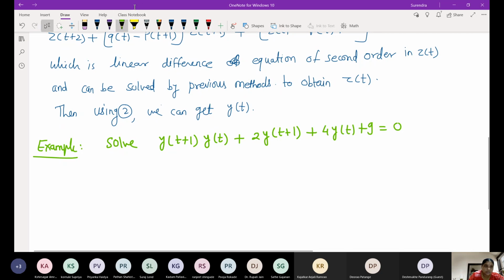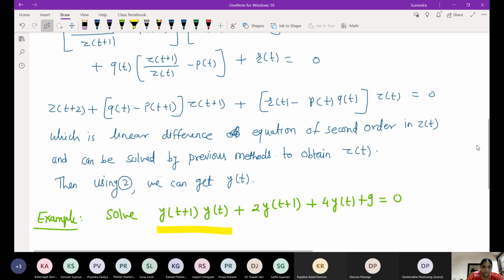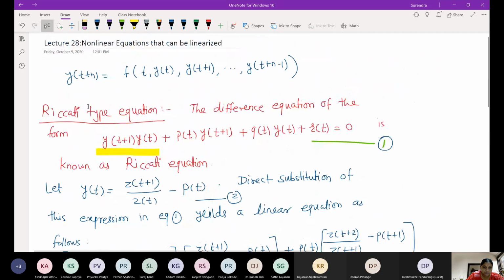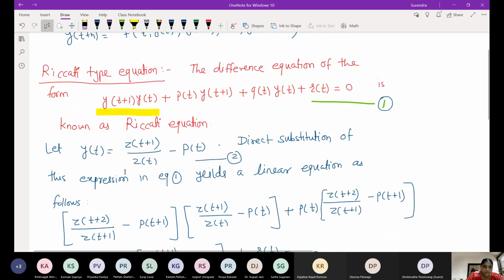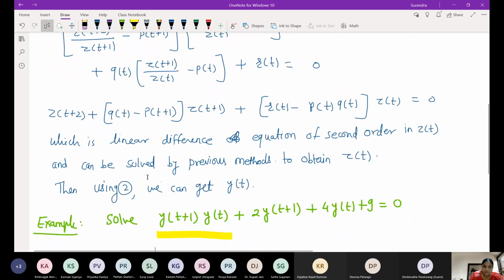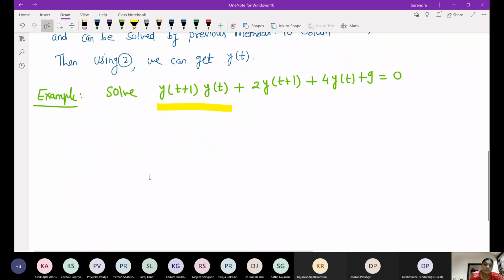You can see here this is a non-linear equation, right? This is of the form equation 1 and which is a Riccati type equation. So we will use this substitution here. Whenever there is a Riccati type of equation, we have to use the substitution.